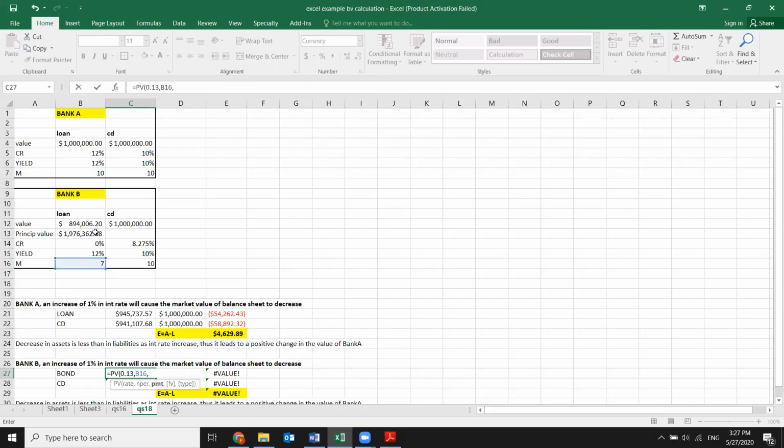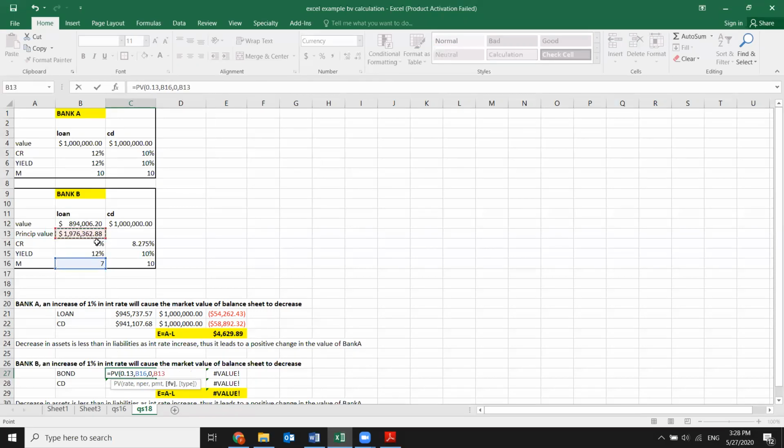In bank B, do we have anything like coupon payments in here? No, that means we don't have any coupon payments, which is 0. And our value in bonds at the end of the maturity is 1 million, the principal value.